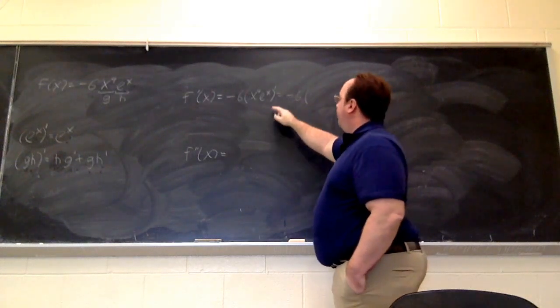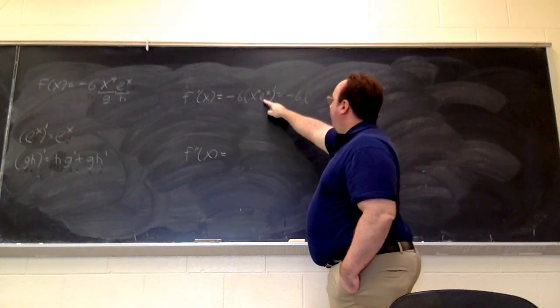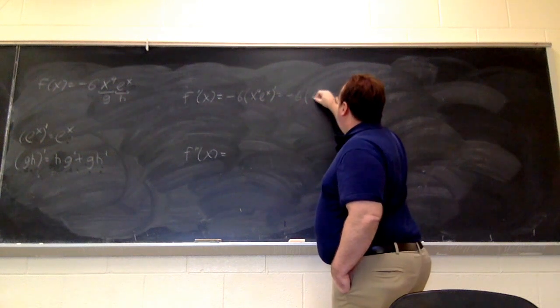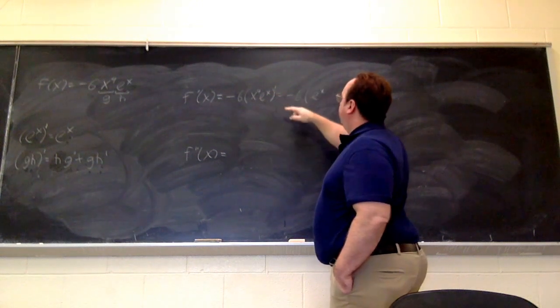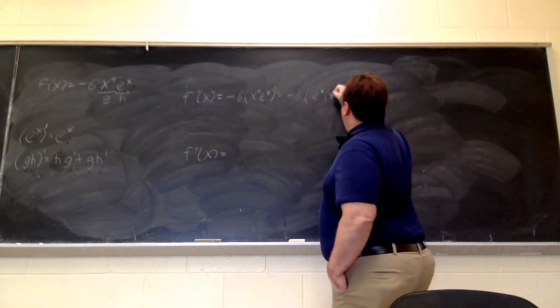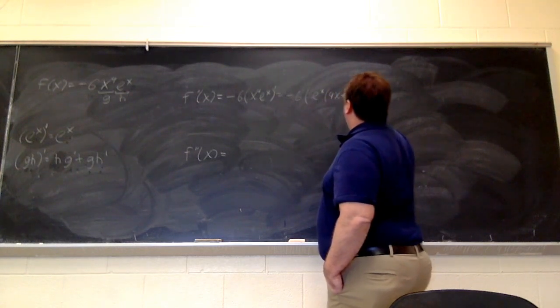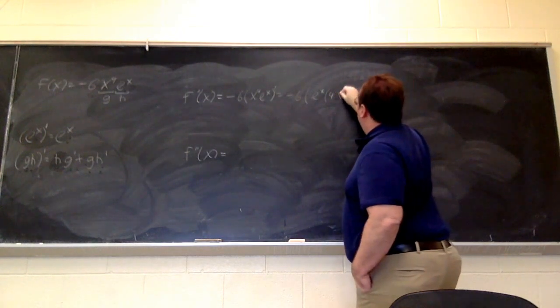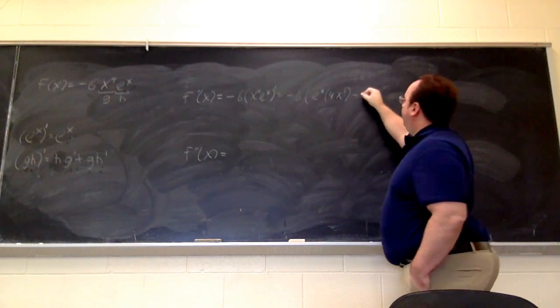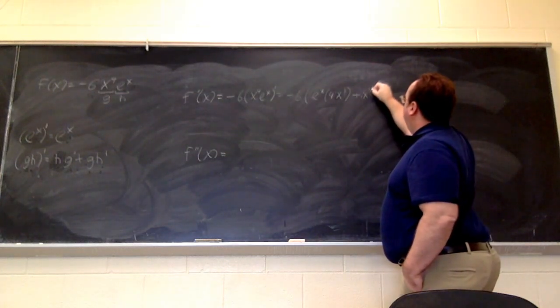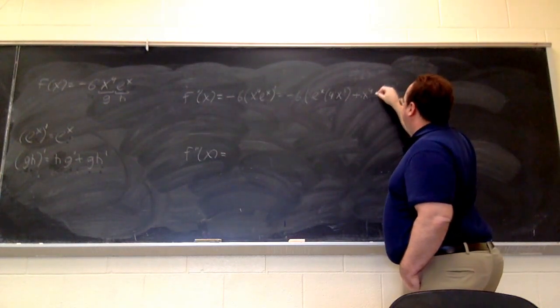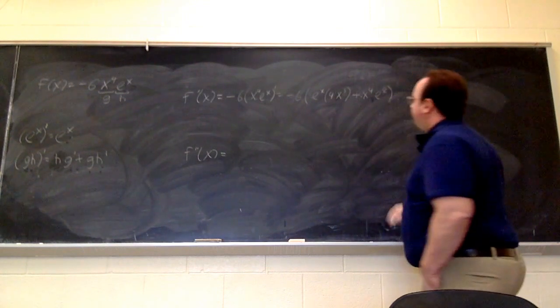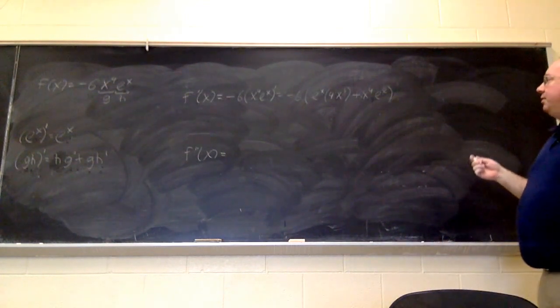So I have my second function, e to the x, times the derivative of x to the fourth, which is 4x cubed by the power rule, plus x to the fourth times the derivative of e to the x, but that's just e to the x. So now differentiation is complete.